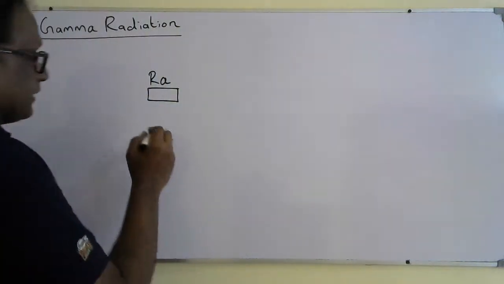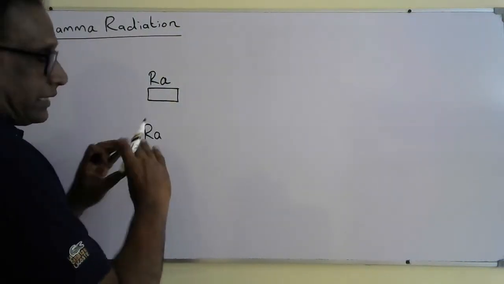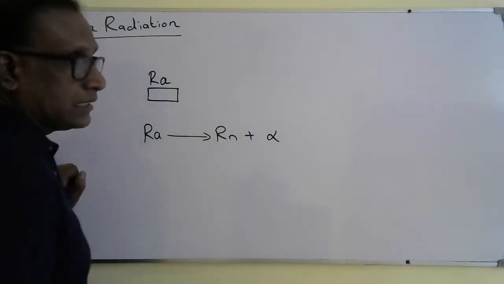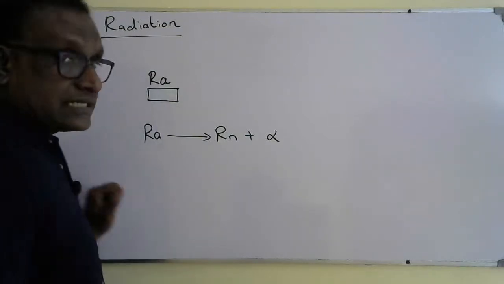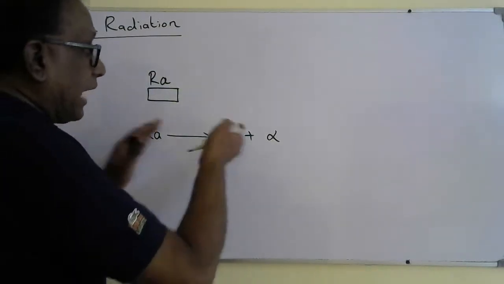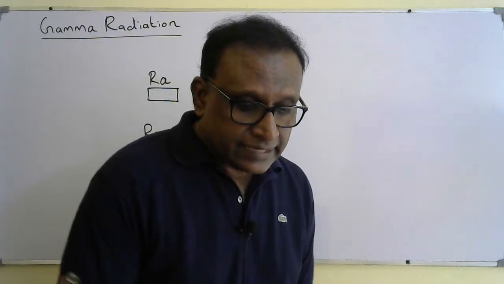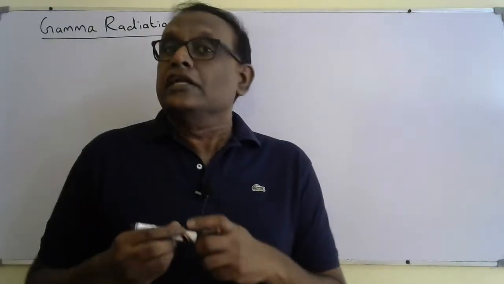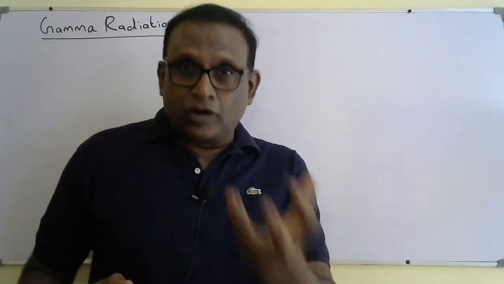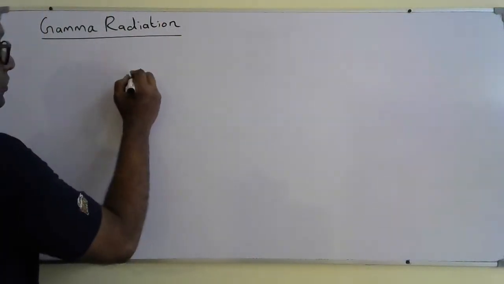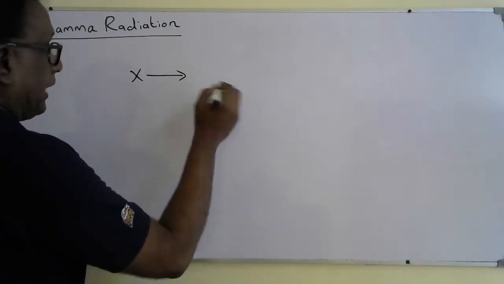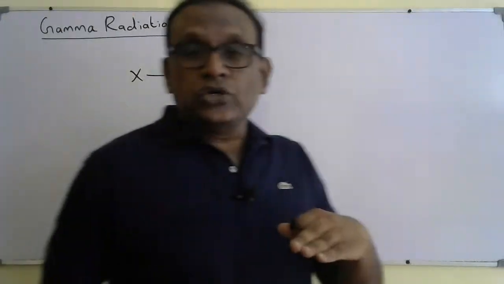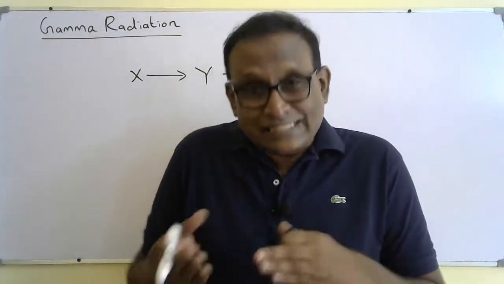When the radium decays, it will form radon by emitting an alpha particle. Now inside the given sample, both radium and radon are there. If I write in a very general format, you are given a radioactive nucleus X in the form of a sample. That might emit an alpha particle and become Y. Now the daughter nucleus Y is also still unstable.